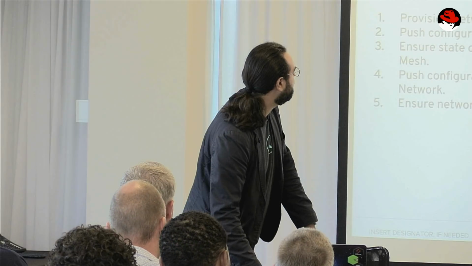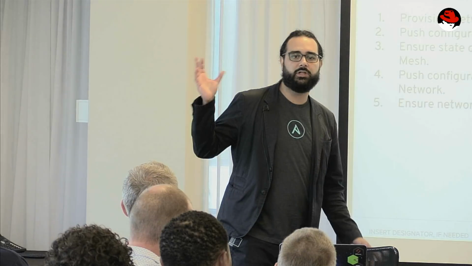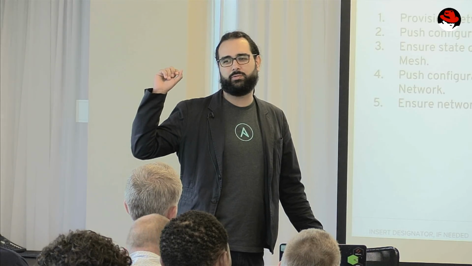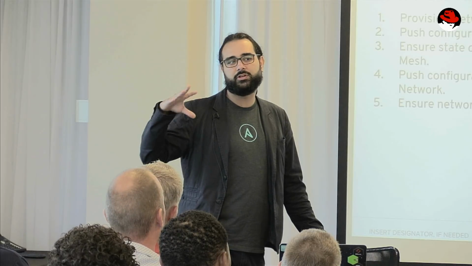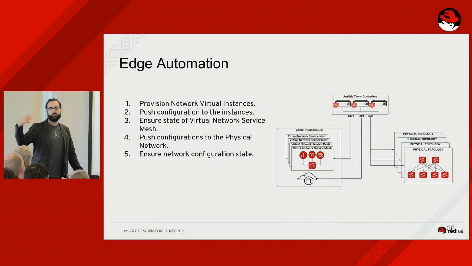The other use case is edge automation for those that are moving more and more to virtualization or network functions virtualization. Basically, you can deploy the infrastructure, you can create the virtual instance, and you can apply the configuration to the virtual instance. It's pretty much like a server. That's what we do with a server.